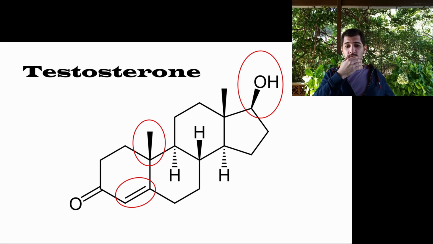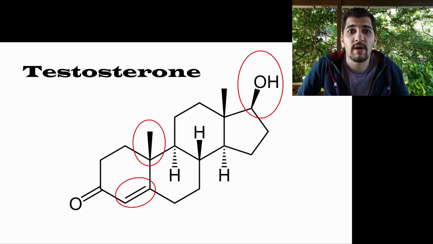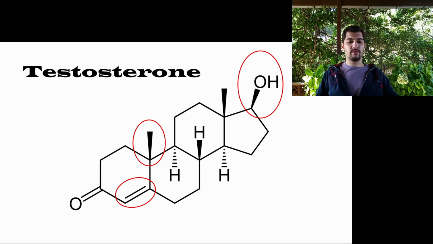So 5-alpha reduction gets rid of the double carbon bond between the 4th and 5th position.